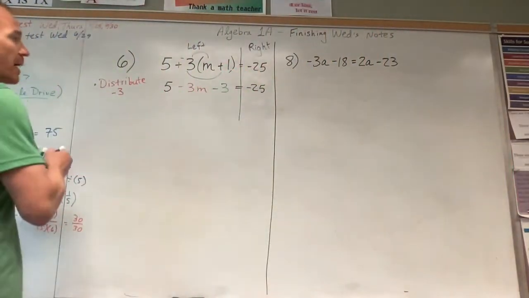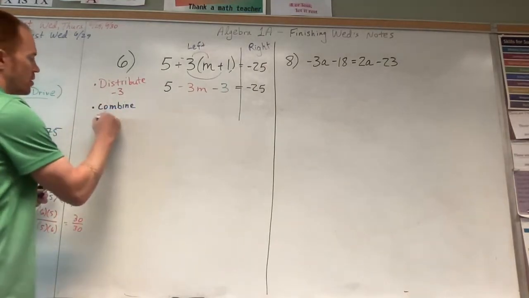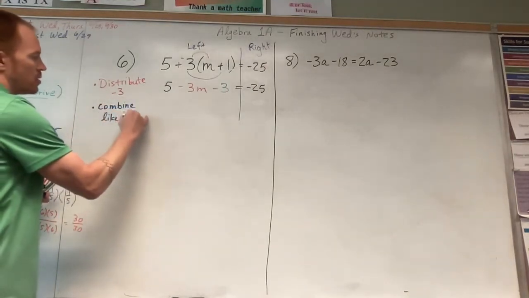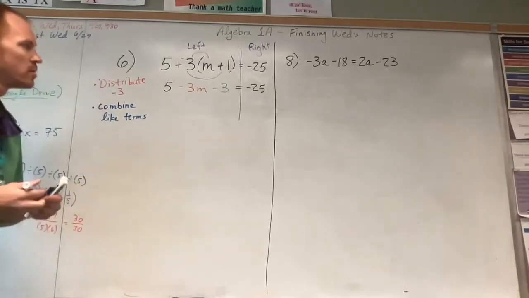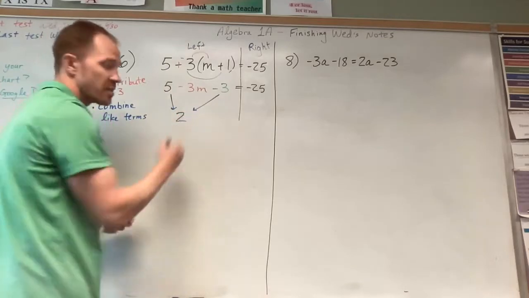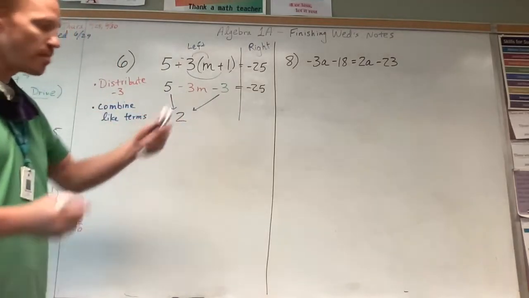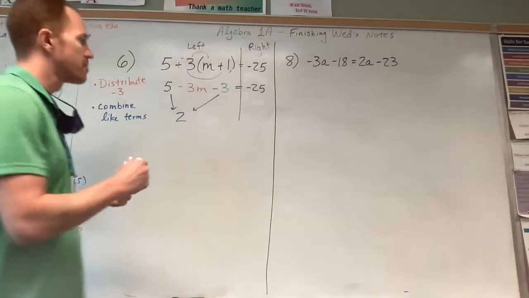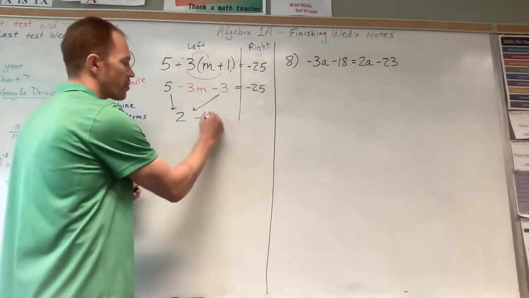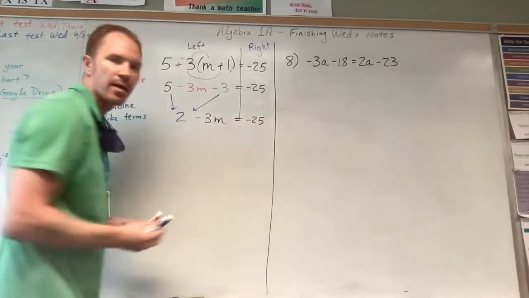So now we can combine our like terms. So here the 5 and the minus 3 will give us a positive 2. If I have $5 and I owe $3, I'll have $2. The minus 3m is just still there. I still owe the 3 melons. And this is still equal to negative 25.